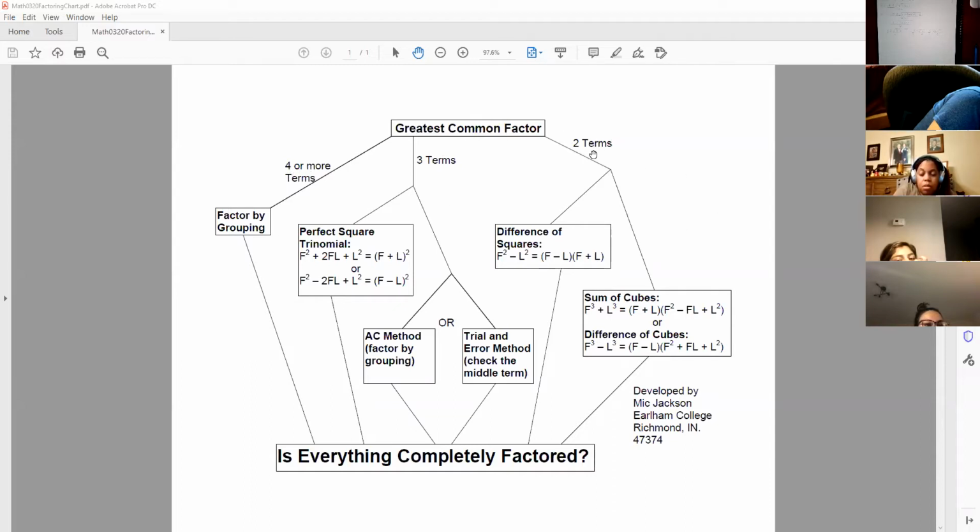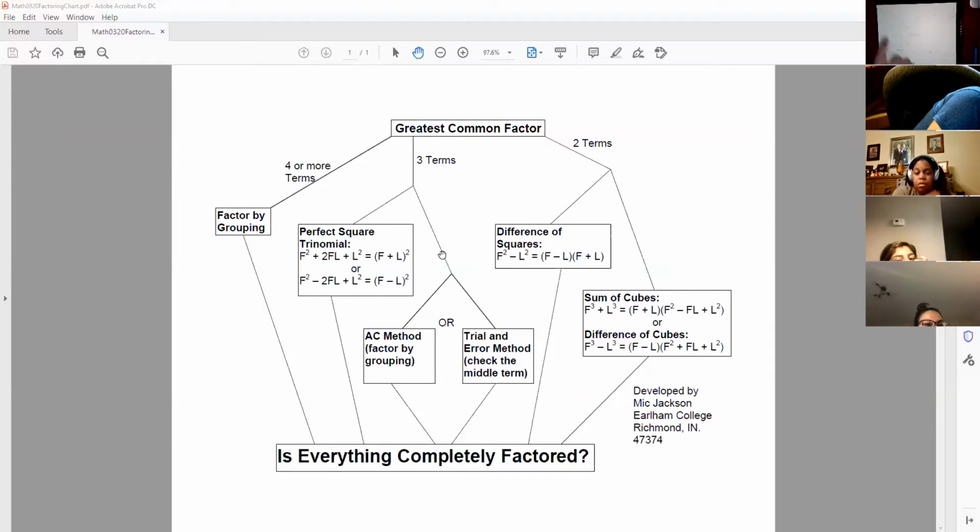If you have 2 terms, you really only have 2 options: a difference of squares or one of the cube formulas. You can usually tell which one it's going to be. If you have 4 terms, you automatically start factoring by grouping. If you have 3, I first check the number in front of the x squared.